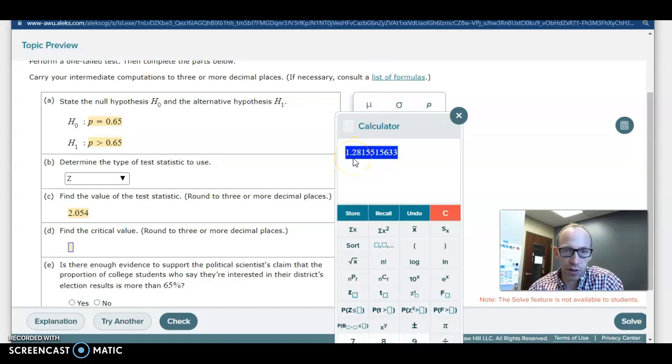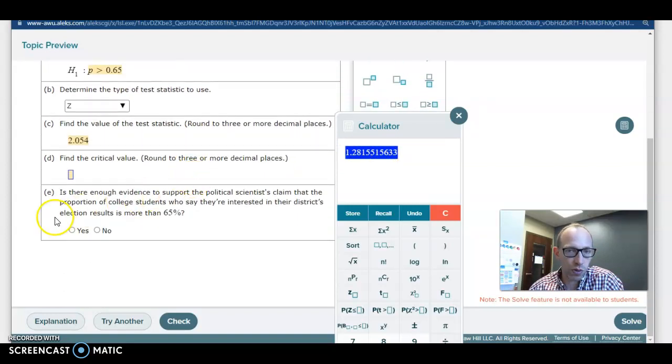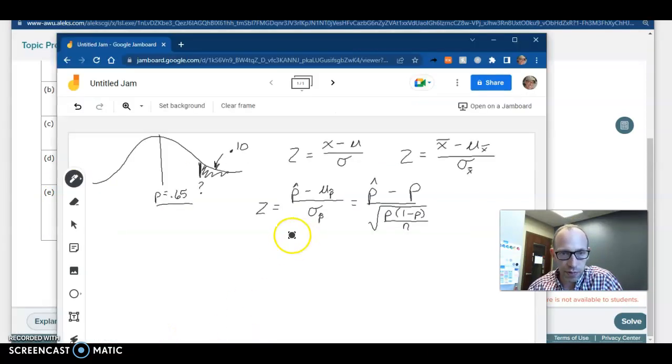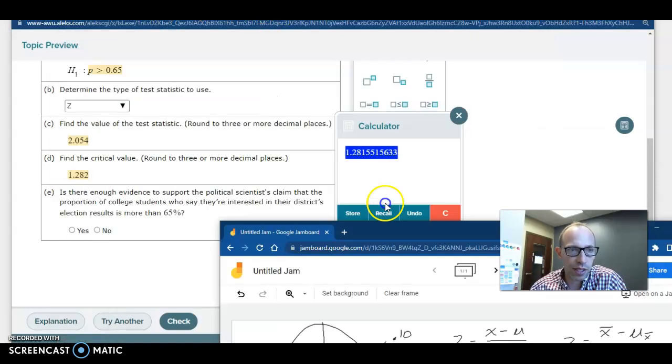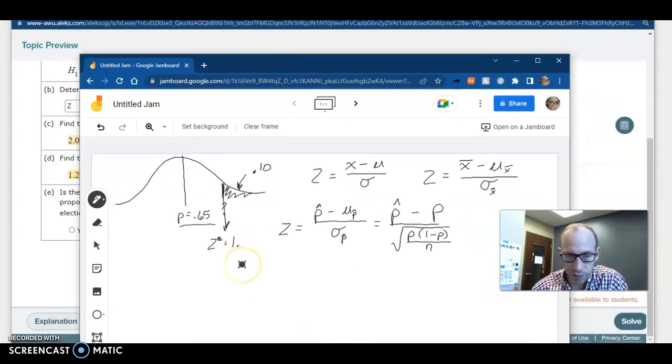And that z-score happens to be 1.282. So if we go back to our image here, that cutoff, sometimes I put a star, equals z, 1.282.